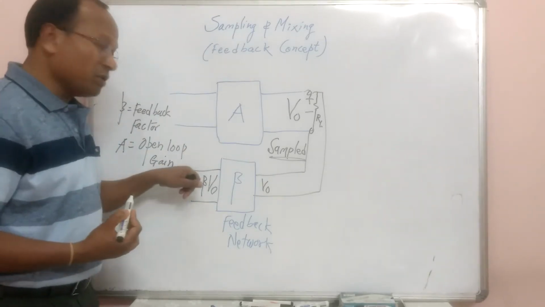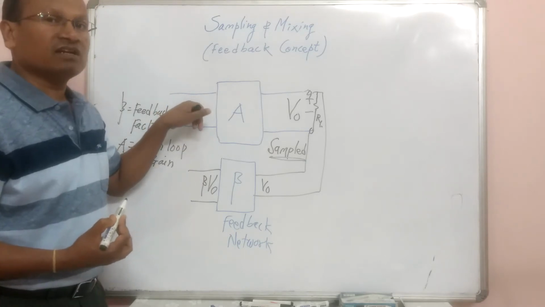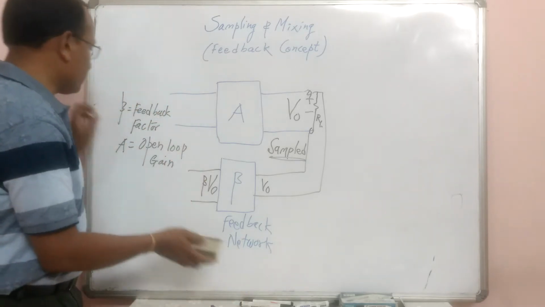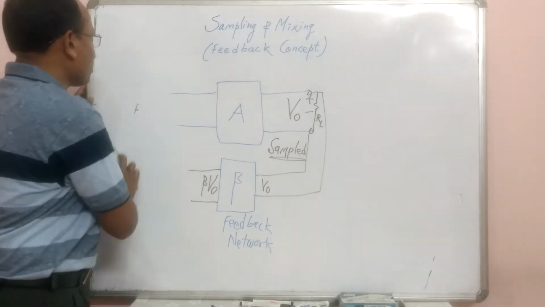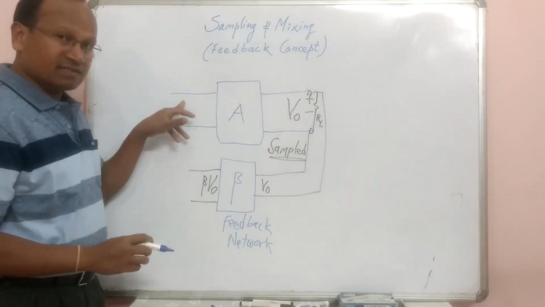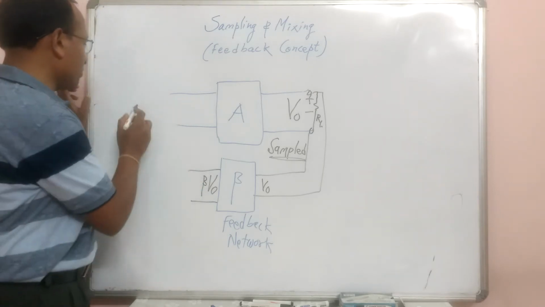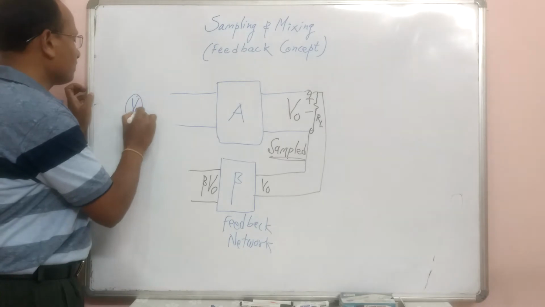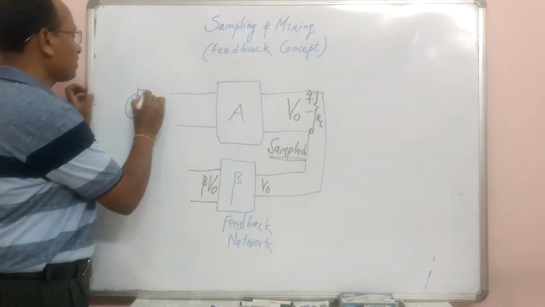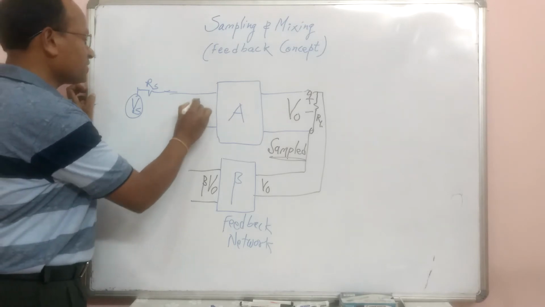Now, how do we mix this feedback component with the input signal? That is called the mixing process. We can mix this signal in series, and it can also be mixed in parallel. For example, this is the source voltage. We can draw the source signal here.